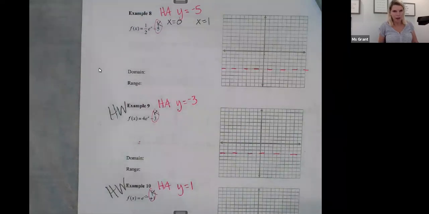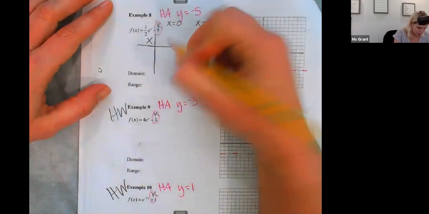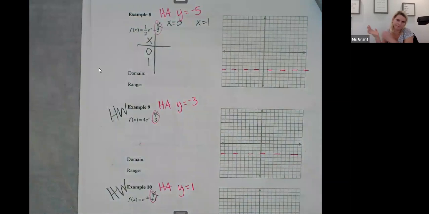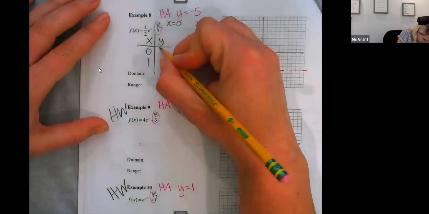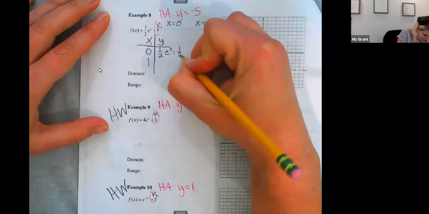Awesome. My two values in my table of values, I'll just do 2 this time, are 0 and 1. Okay, ready? 1/2 times e to the 0. 1/2 times 1.